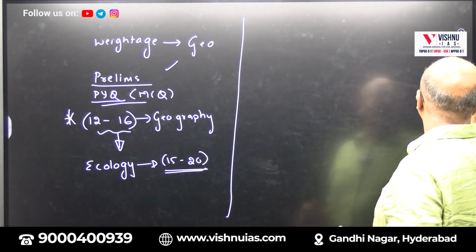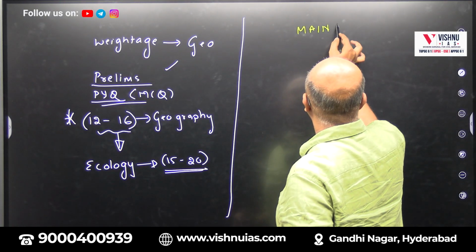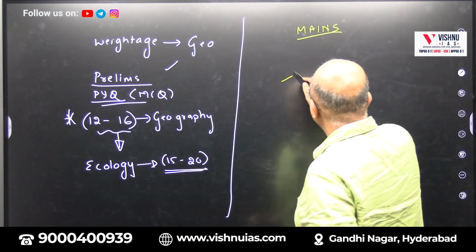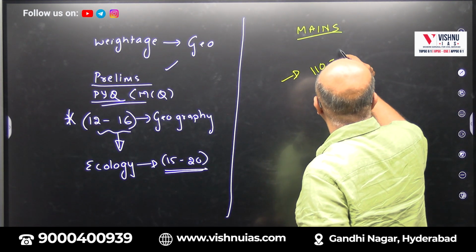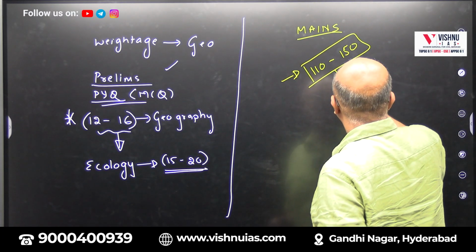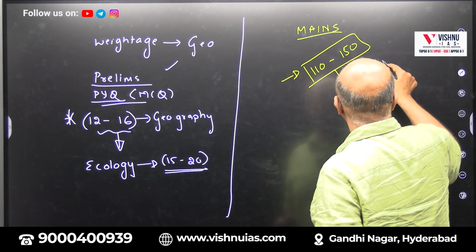Now coming to the mains, in paper 1, paper 2 and paper 3 combined, you will find 110 to 150 marks in geography. This is the weightage you can expect.